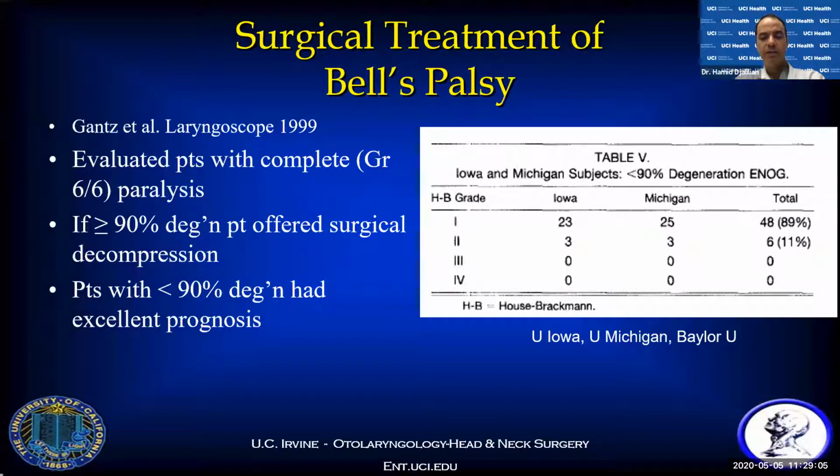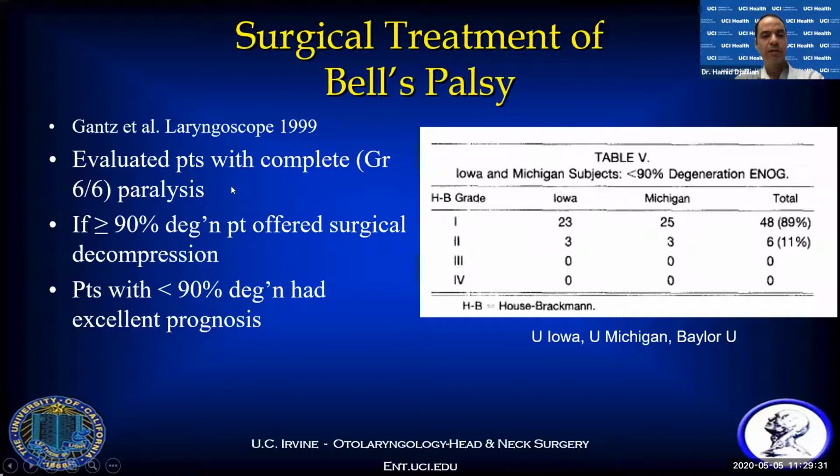They looked at patients that had greater than 90% degeneration on the ENOG. So this is just people who had less than 90% degeneration, and they all end up doing pretty well. As I said, people who have less than 90% degeneration do well regardless.